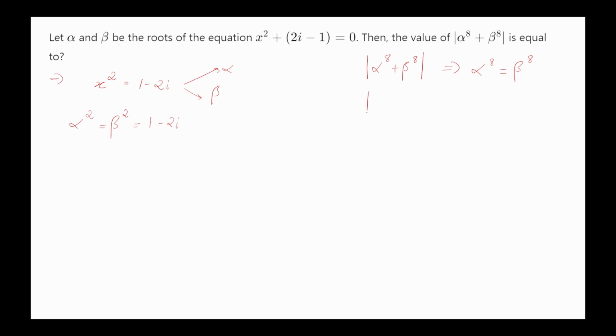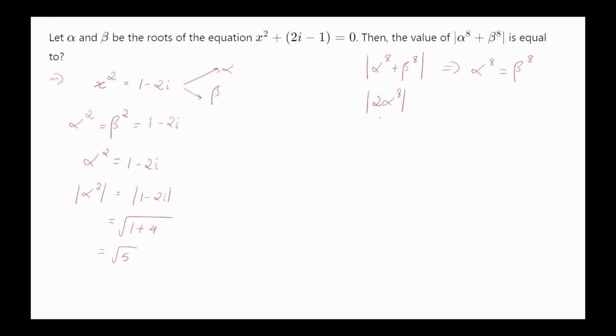So this would become basically 2 alpha to the power 8. So basically we have to find out the value of 2 alpha to the power 8. Now we know that alpha square is equal to 1 minus 2 iota. What if I take its modulus? So the modulus of alpha square would be the modulus of 1 minus 2 iota. And what is the modulus of 1 minus 2 iota? It is root under 1 plus 4, which is root 5.